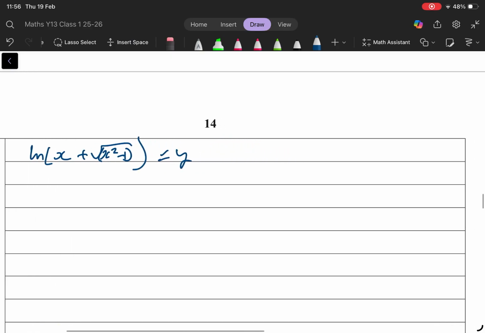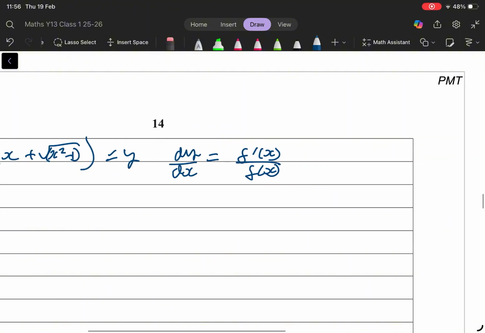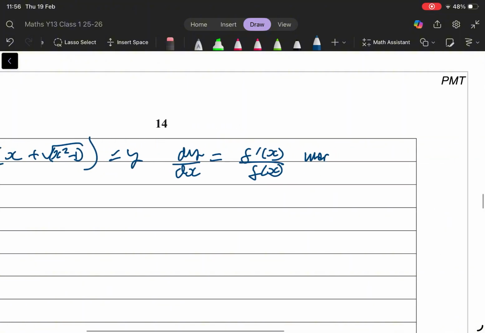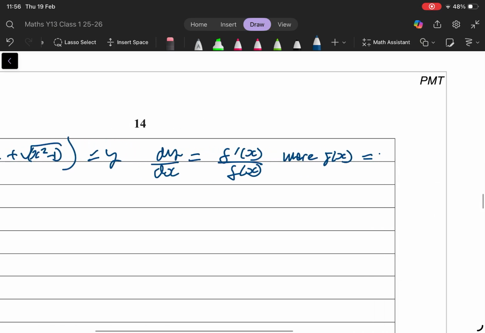So we want to use the chain rule here, so dy by dx is going to be equal to f prime of x over f of x, where f of x equals x plus the square root of x squared minus 1.